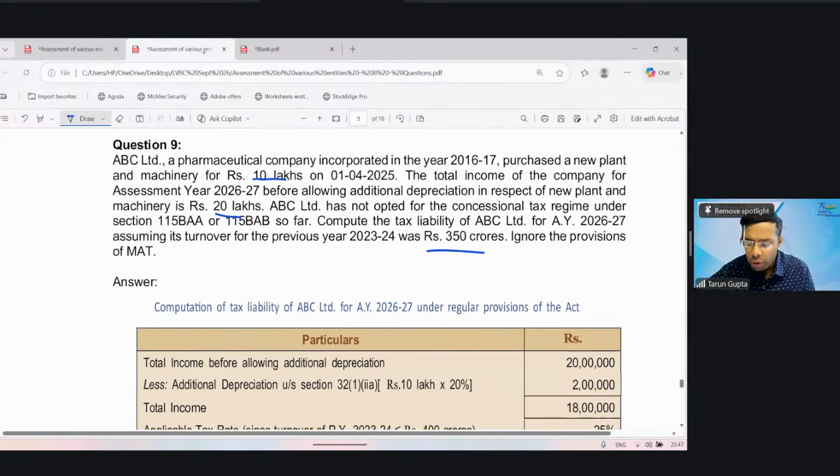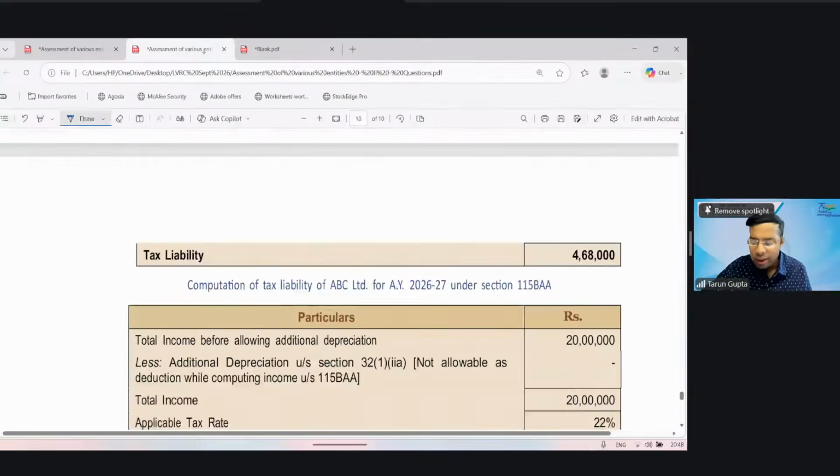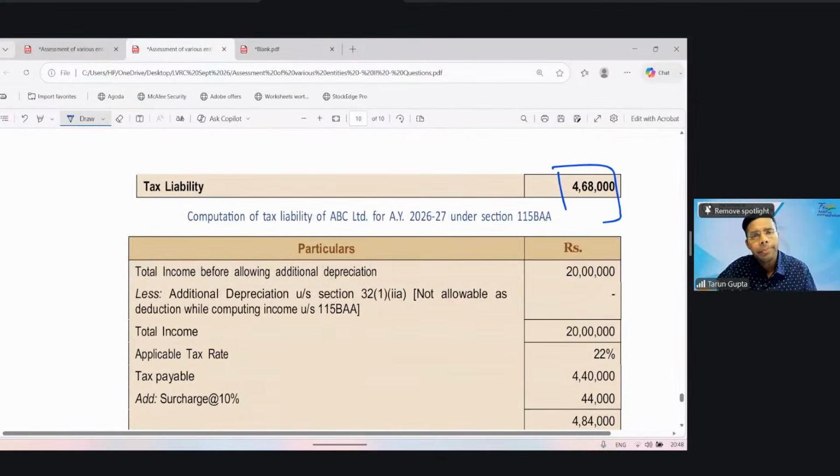See, if it opts for the old regime, then it shall be entitled to additional depreciation. From the income, you will reduce additional depreciation of 20%. Around 18 lakh, you will pay the tax at 25%. Why? Because the turnover was less than 400 crores, so the tax rate applicable is 25%. So tax comes at 4,68,000.